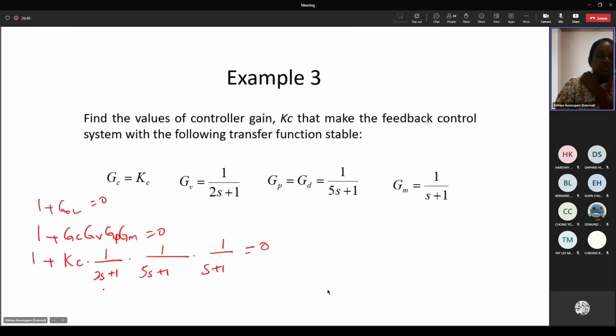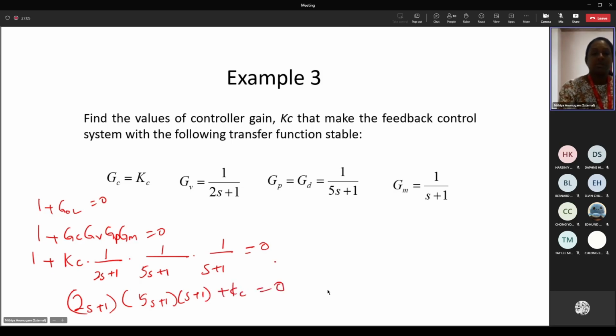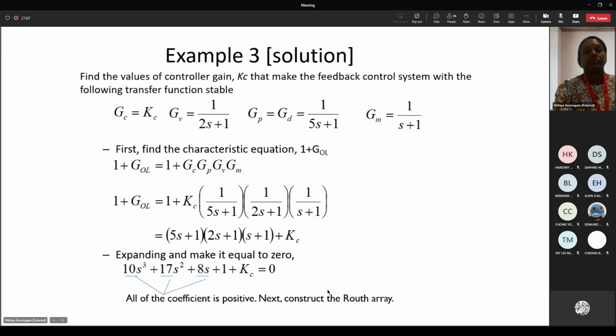Rearranging the equation, you'll get (2s plus 1)(5s plus 1)(s plus 1) plus Kc equals 0.